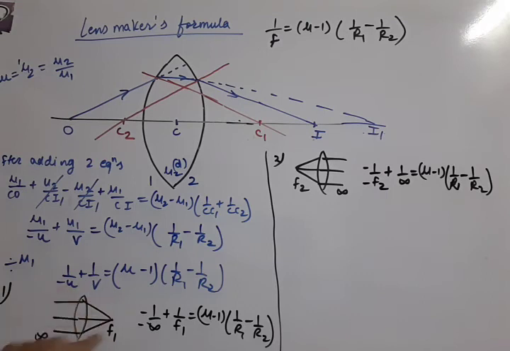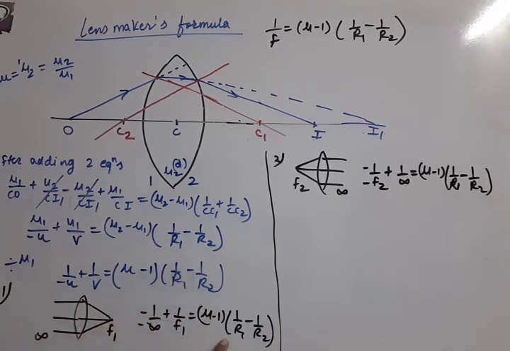So we will substitute this u and v value here. Since the object rays are from infinity, u is infinity, and by sign convention minus infinity because it is coming from this side. This side distances are negative. And v means where the image is formed, that is at f1. So in place of v, we are putting f1.